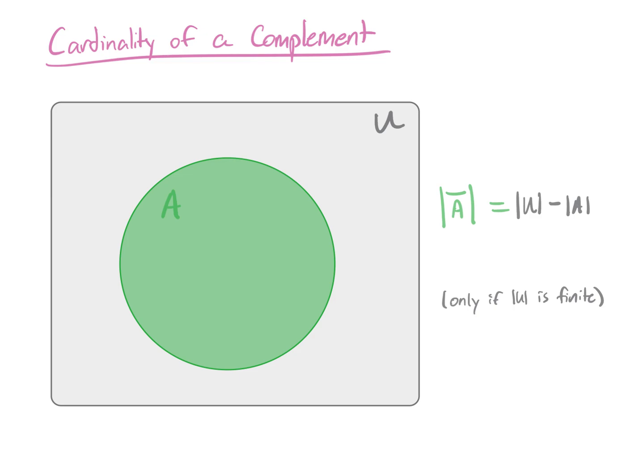If it's not, the situation gets a little more complicated. But for this class, we're mostly going to focus on finite universes, and so when I want to calculate the size of a complement, I can do it using this formula.